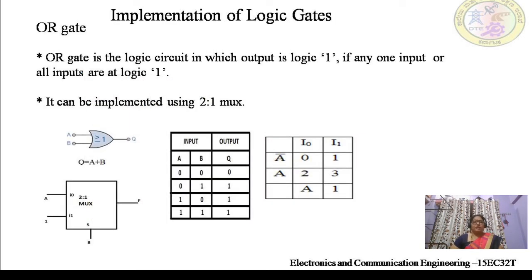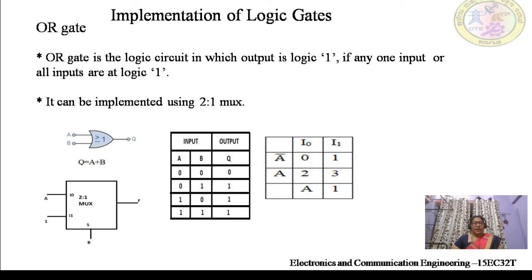The same method can be used for the implementation of logic gates. Already you know what a logic gate is and which are the different types of logic gates. There are actually 7 logic gates, and these 7 logic gates are divided into 3 groups: basic gates, universal gates, and derived gates.